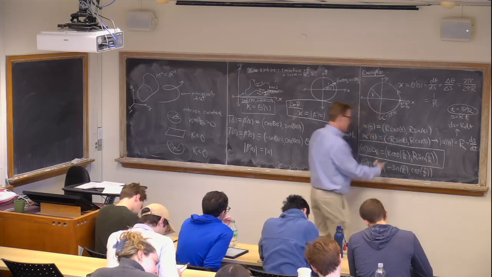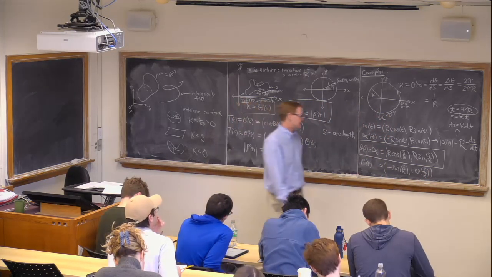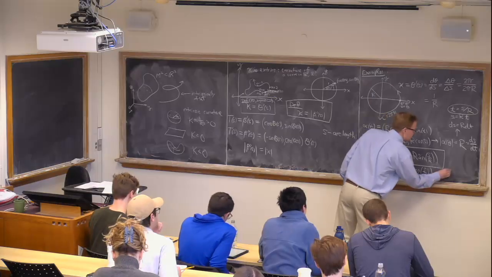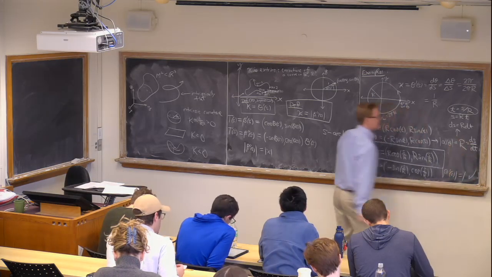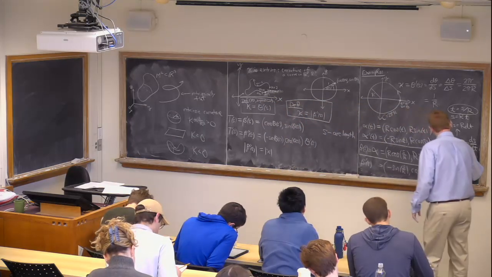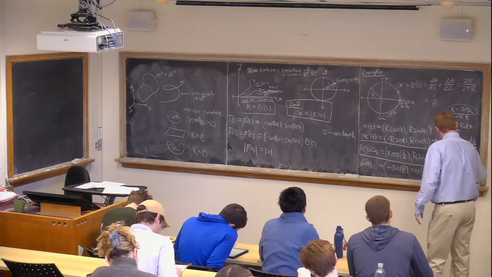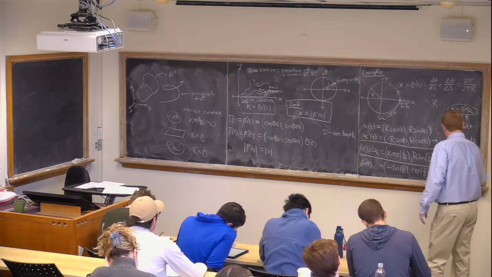And then we see that has length 1. That's just sine, comma, cosine. And so we see that the absolute value of beta prime of s is equal to 1. So now we have something parameterized by arc length.